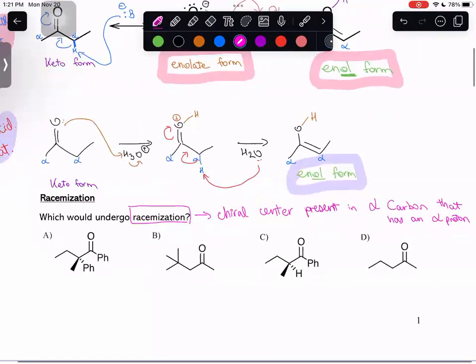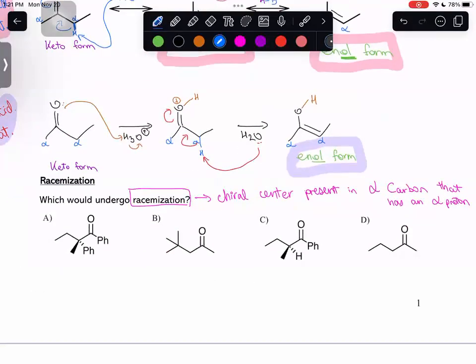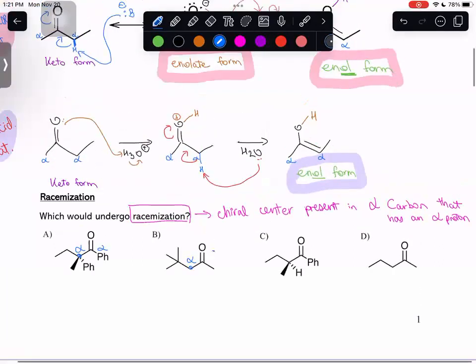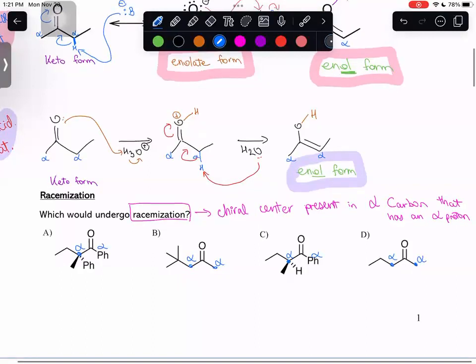So again, we're just focusing on our alpha carbons. So this is alpha, alpha. Which molecule has a chiral center present in your alpha position that also has a proton?